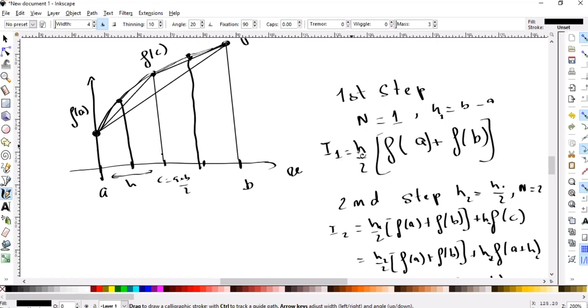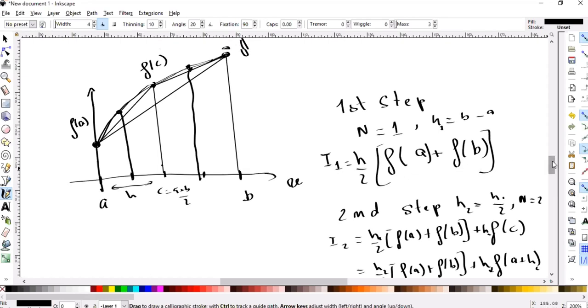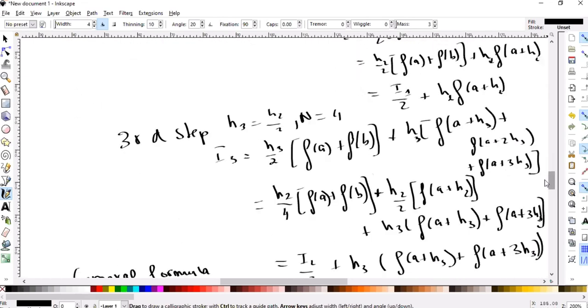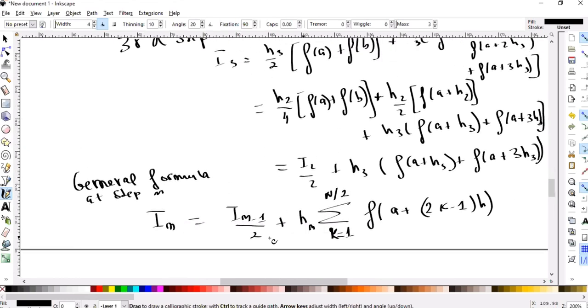So if you change the formula for the first step, instead of H F of A, you use H over 2 F of A plus F of B, then you get the trapezoidal method. So at step n, H_n is equal to H_(n-1) over 2, you divide H by 2. And like I said, in the program, you just make h equal h by 2.